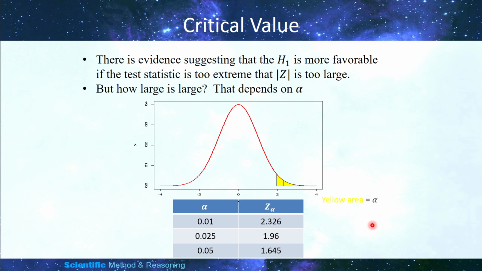If alpha equals 0.025, that means 2.5% on the right-hand side, the associated quantile is 1.96. And if alpha is set at 0.05, leaving 5% on the right-hand side, the associated quantile is 1.645.